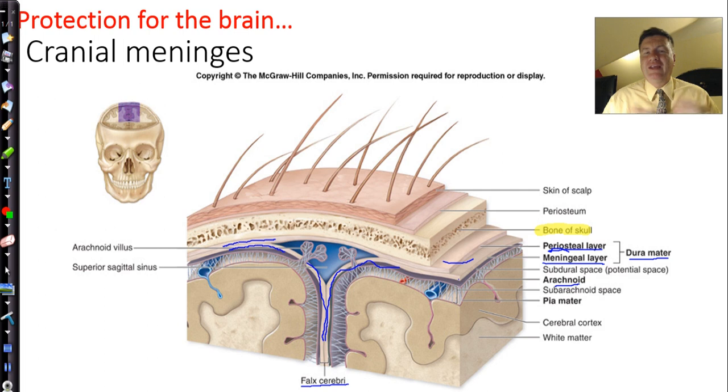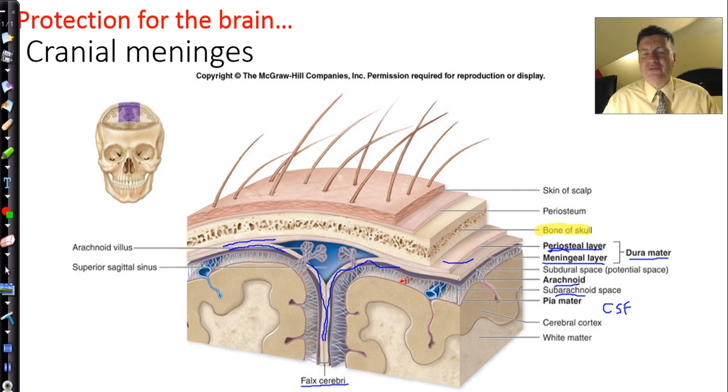It's going to serve as somewhat of a chemical protection. Then below that, we're going to have the subarachnoid space, and that's what looks like all this stuff in here. It looks like little hatchings. That subarachnoid space is going to, of course, also be where we're going to have CSF, cerebral spinal fluid, as we had in the spinal cord.